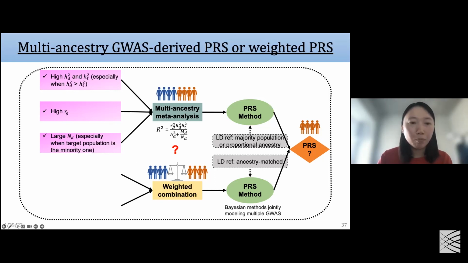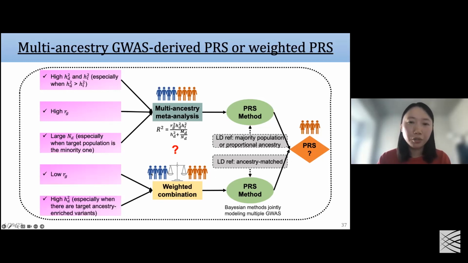This is also more suitable for traits with high cross-ancestry genetic correlation. In these scenarios, we recommend the meta-analysis strategy, and this is especially true for methods like P+T. But for the weighted linear combination, in this study we found two categories for the recommendations.